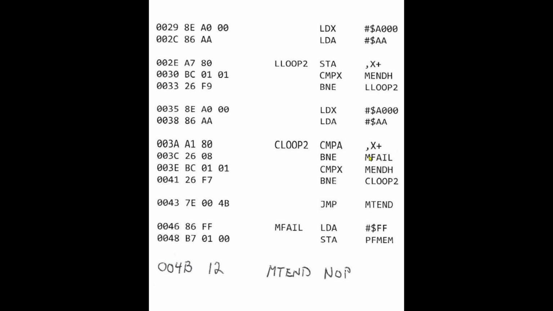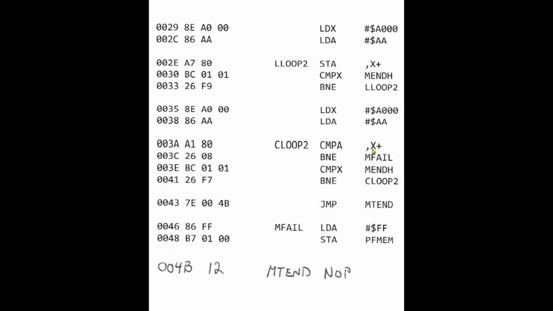and if it fails, like let's say the value at A000 in that RAM under test is not equal to AA, we jump down here to memory fail, and we load the A register with FF, store that in the pass fail memory location.